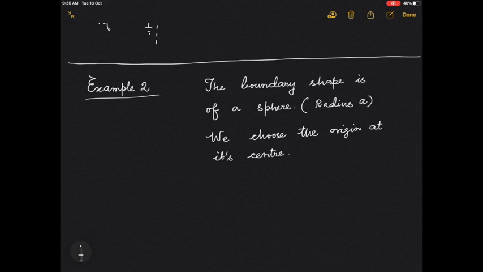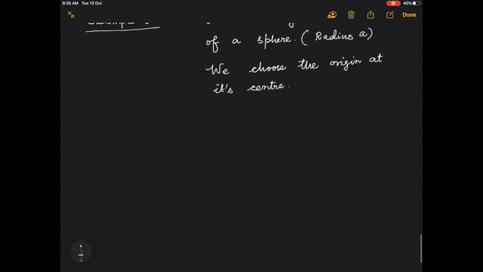So I call the radius of the sphere a. If you change the radius to anything else, that parameter that comes into your Green's function will change to anything else.